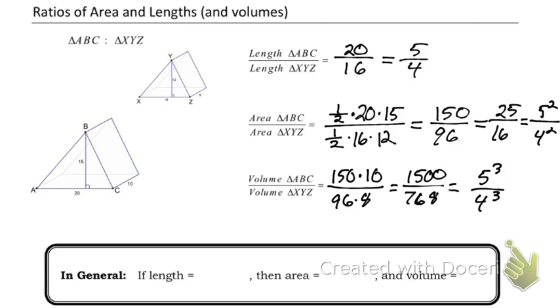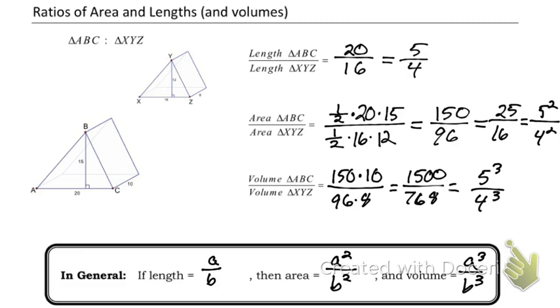All right, so let's put this in general. If my length ratio is A over B, then the area ratio is going to be A squared over B squared. Then my volume ratio is going to be A cubed over B cubed. Remember, we're not going to talk much about volume at all. We're more or less just prepping ourselves for our next section.